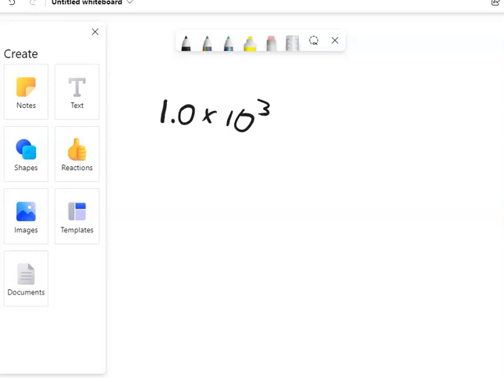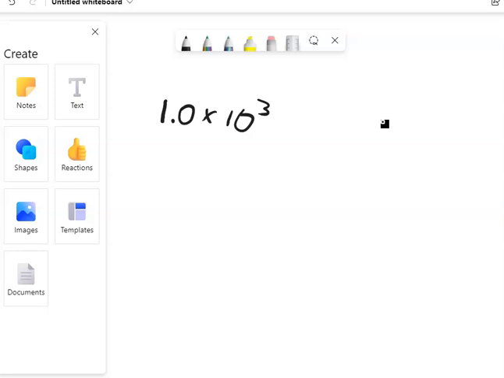Well, what do we do with that? First of all, this is in scientific notation. We have an integer with a decimal point and maybe another number after it, but definitely we start with one integer. So one digit and then a decimal point after it times some power of 10. So if we want to convert this to a number that we recognize, what we can think about is that we are just going to multiply these together.